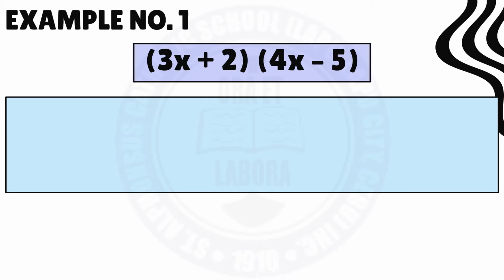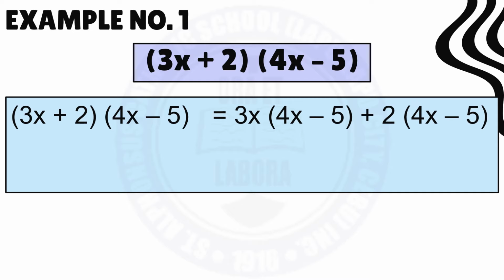Let us consider the first example. The quantity 3x plus 2 times the quantity 4x minus 5. First, we have to take the first term and the second term of our first binomial factor, so that we can apply the distributive property of multiplication.